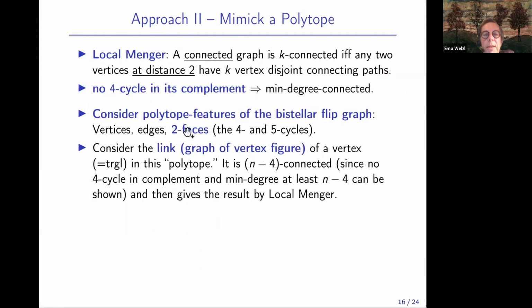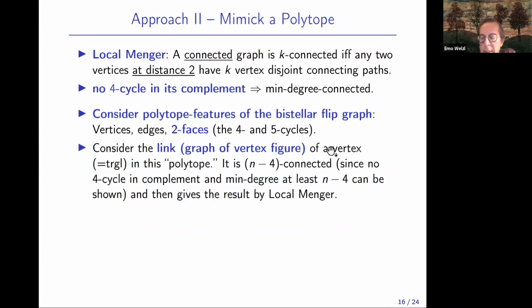So these I declare to be the 2-faces. So this is a definition in this context. And now we consider the link of a vertex in this graph.